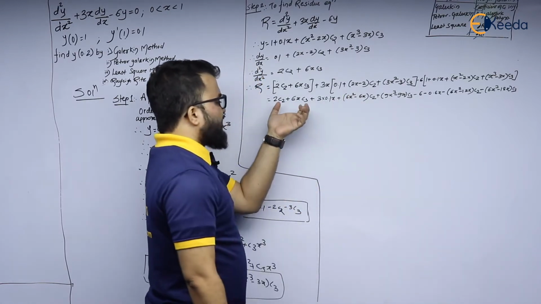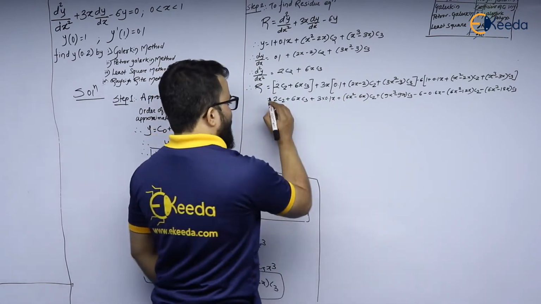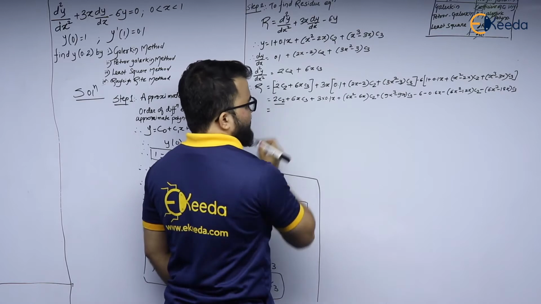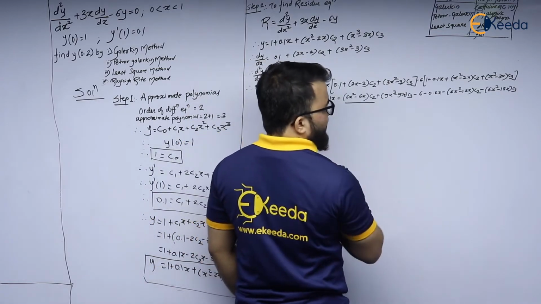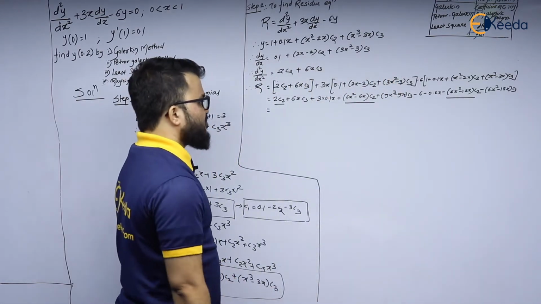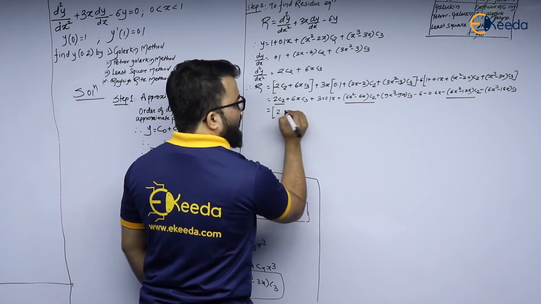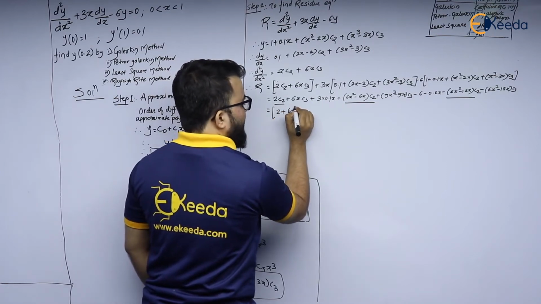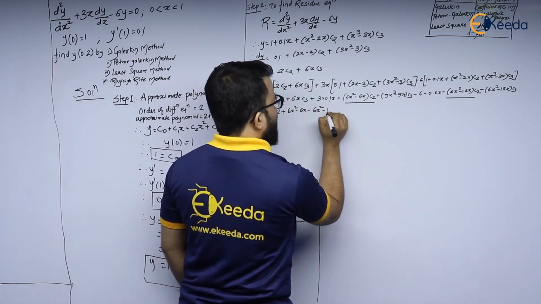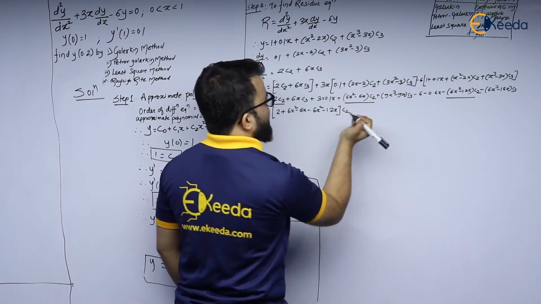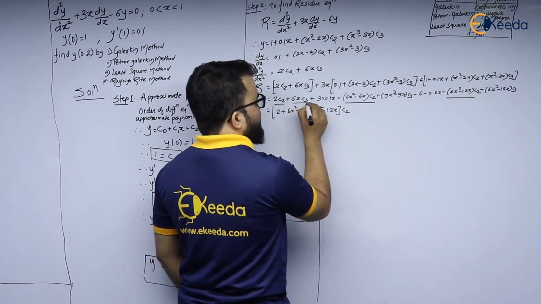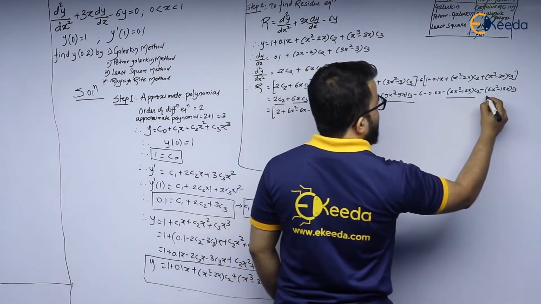Now I will separate this equation as per the parameters. For the c2 parameter, this is a c2 term, this is also a c2 term, and this is also a c2 term. So I will collect all these c2 terms: 2 plus 6x square minus 6x minus 6x square minus 12x into c2. After that, we see c3. This is a c3 term, this is also a c3 term, and this is also a c3 term.